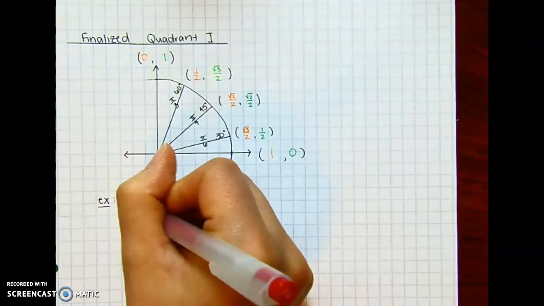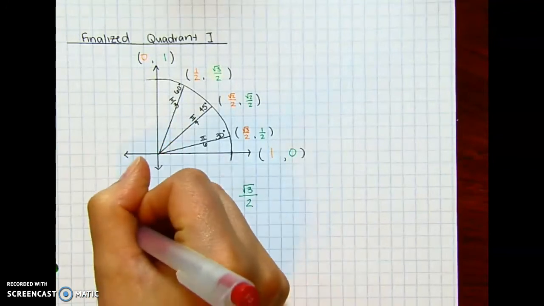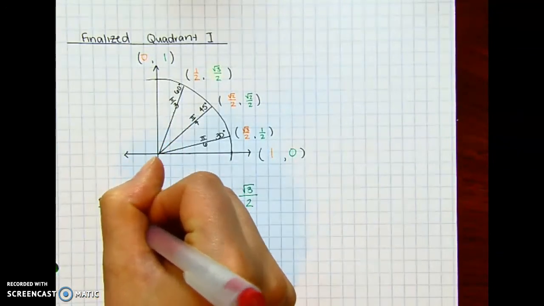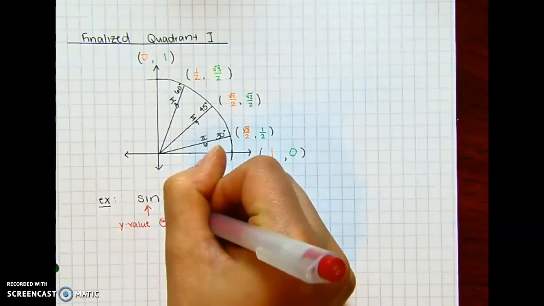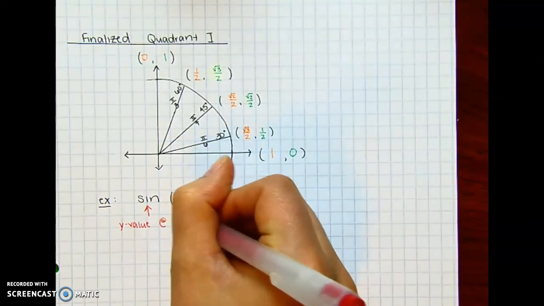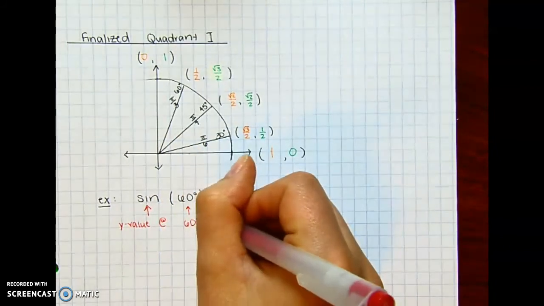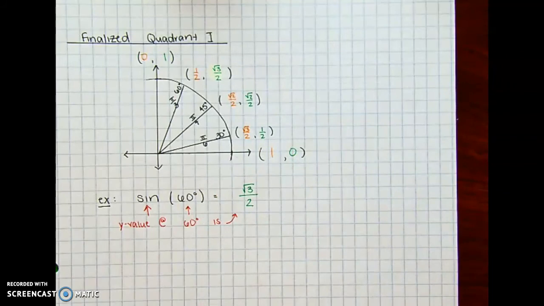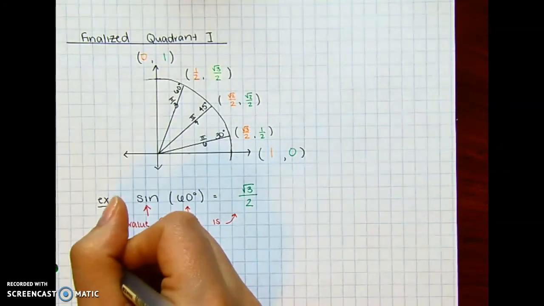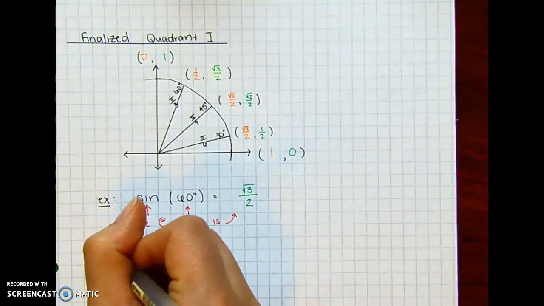So what we're thinking is sine is the y value at 60 degrees. Another example real quick, and then we'll stop here.